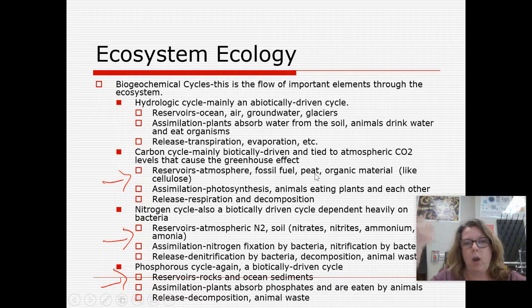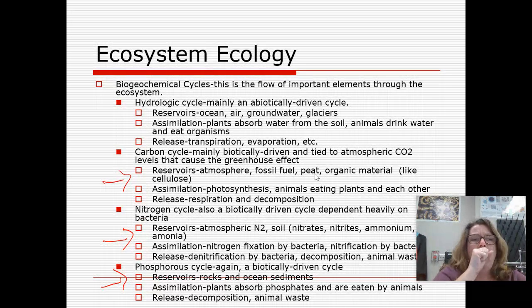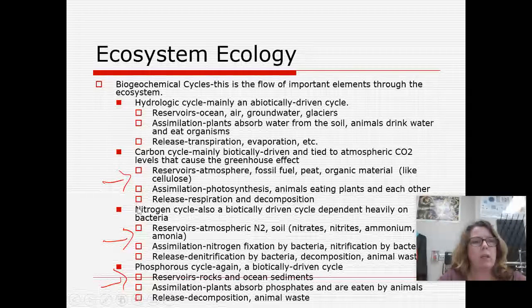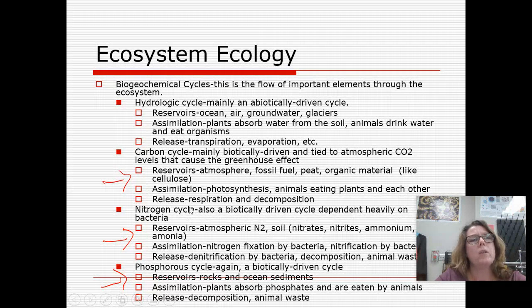Photosynthesis is really carbon capture, it's carbon fixation. And then carbon moves as animals eat plants and animals eat each other and things like that. Respiration and decomposition, as well as combustion, would release carbon back to the atmosphere.